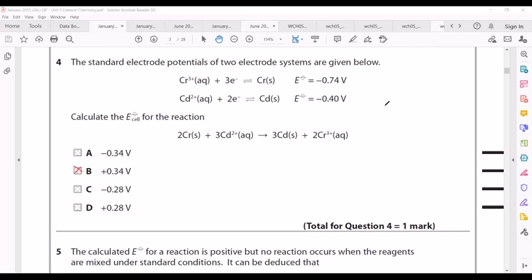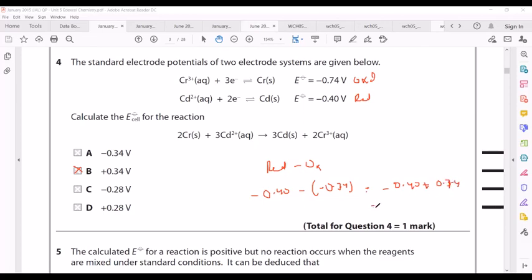So how you will work out: look, the one which has the higher value undergoes reduction, and oxidation will happen for the other. So reduction minus oxidation. So it is -0.40 minus (-0.74). When you solve, this will be -0.4 + 0.74.